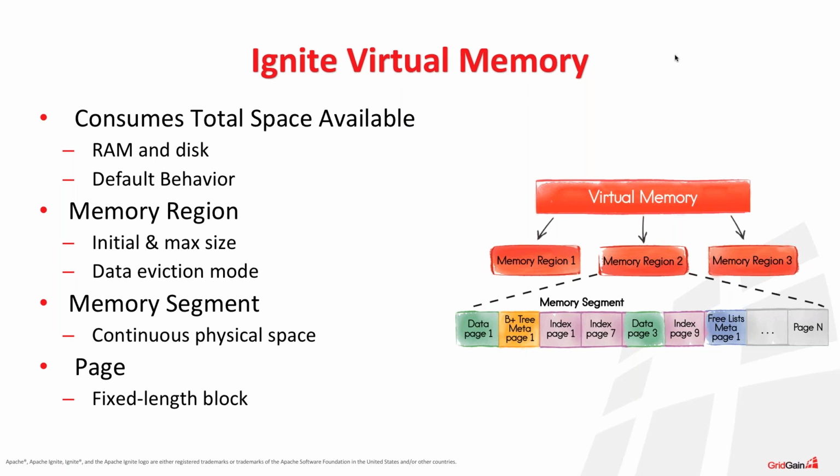But when we start talking about a memory segment, this is actually something that is requested and demanded from an underlying operating system. And a memory segment is always a continuous block, or continuous physical space, retrieved from your operating system. And next, every memory segment consists of many pages. And the page is a fixed length block.